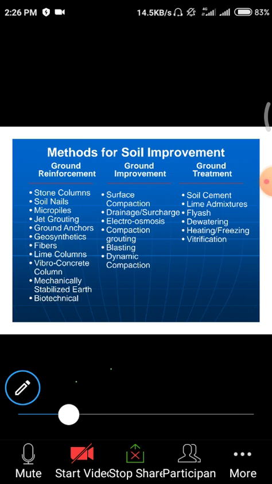In those, the first one is surface compaction. Surface means the top layer of the particular structure. For those we need surface compaction. Compaction means, normally in our concrete technology, we compact the particular concrete mix using tamping rods, considering flowability and workability properties.